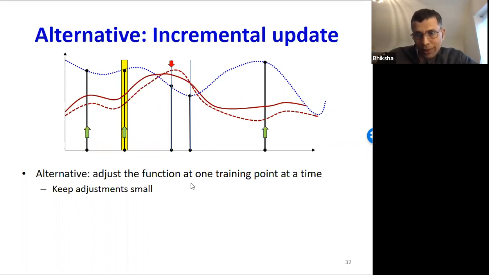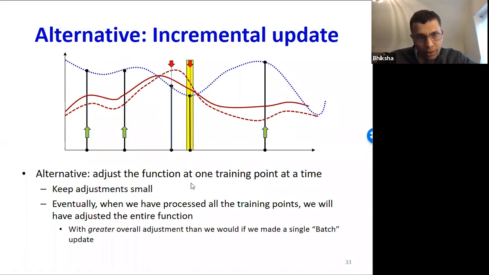At each input, you're going to keep the adjustment small. And eventually, when you've processed all the training inputs, we would have adjusted the function at every one of these training points. And now, instead of making just a single update after processing all of the training points, instead of one large update, you'd have made many small updates.